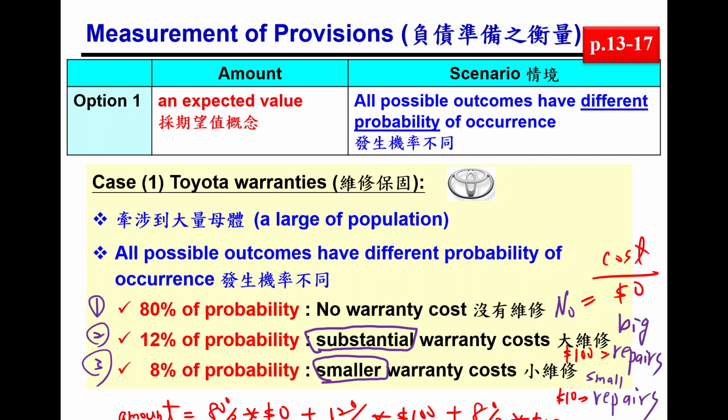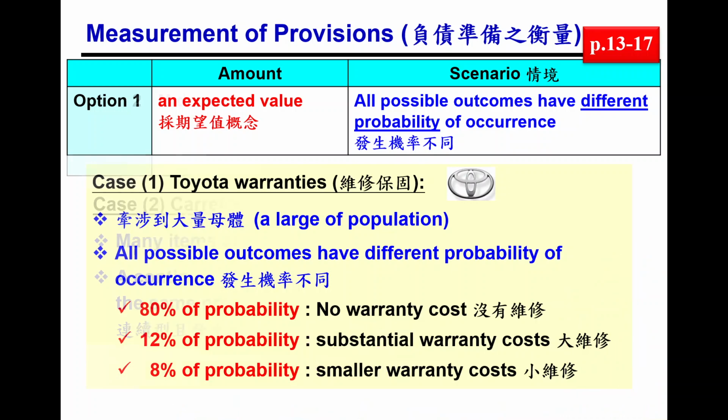So when we talk about warranty 保固, usually we use this way to get our best estimate to find our provision, our liabilities. Any questions?